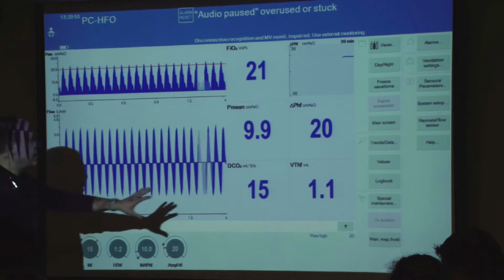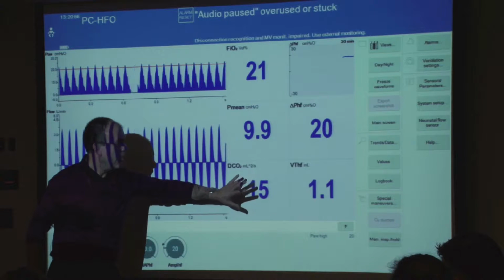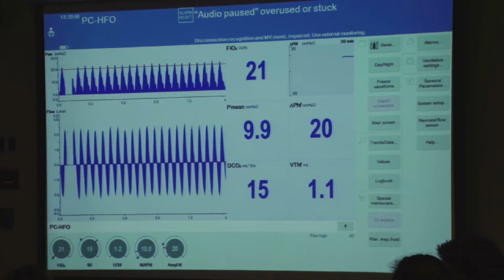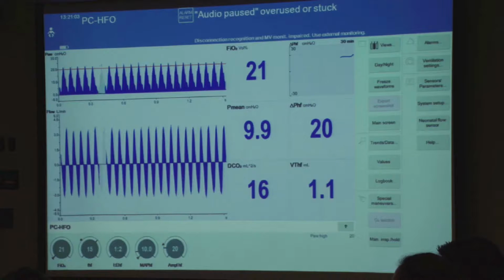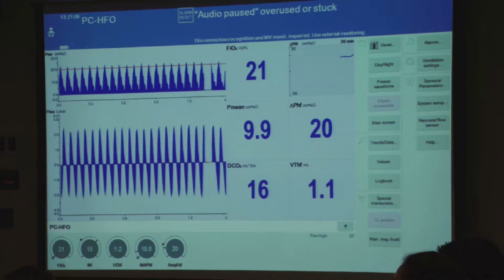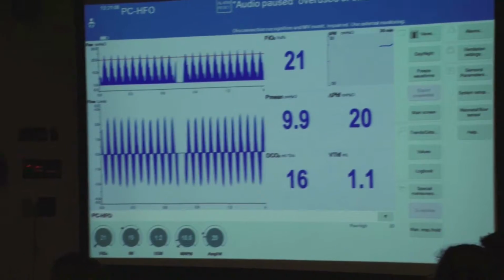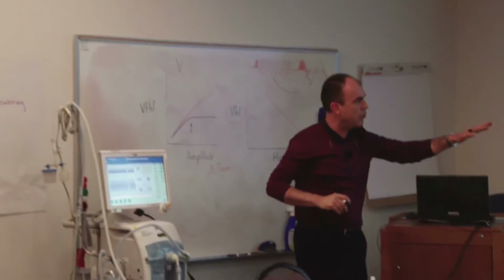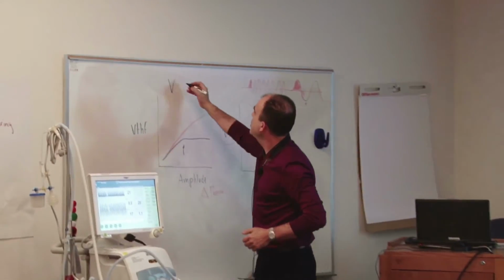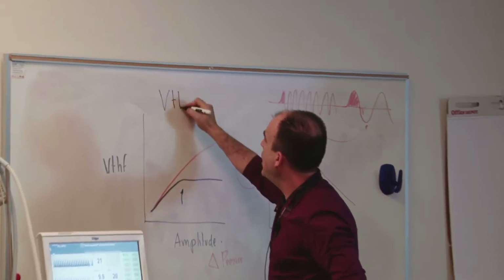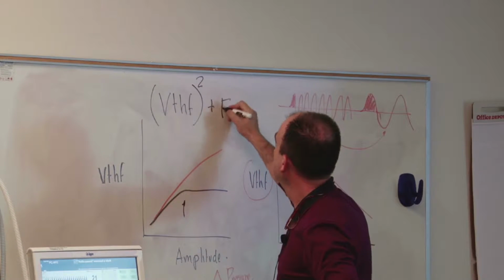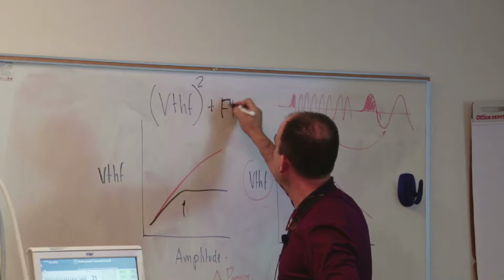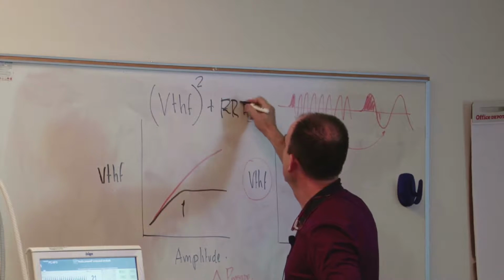And this DCO2 is what's called the ventilation coefficient. It's a formula that the ventilator uses, and all high frequency ventilators that have a flow sensor do, and it's very correlated with PCO2. It's dependent on VTHF squared times frequency, the respiratory rate in hertz.